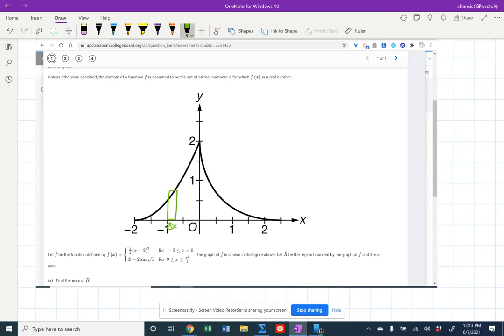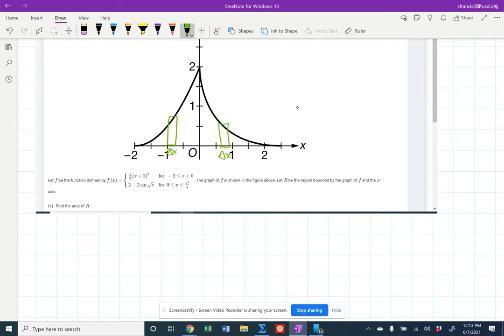Okay, put a little delta x here. But if you look from 0 and for positive values, we have a different curve on top. So I can't use one integral for this because the definition changes around 0. So I got to make sure I write two separate integrals for this. So finding the area, it is a fairly straightforward question.